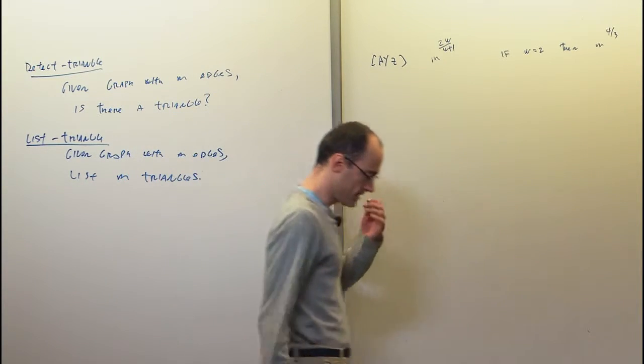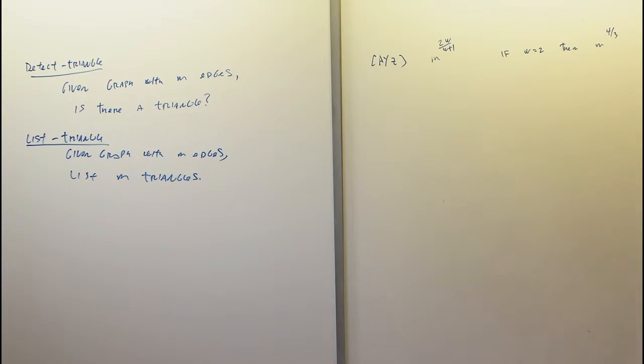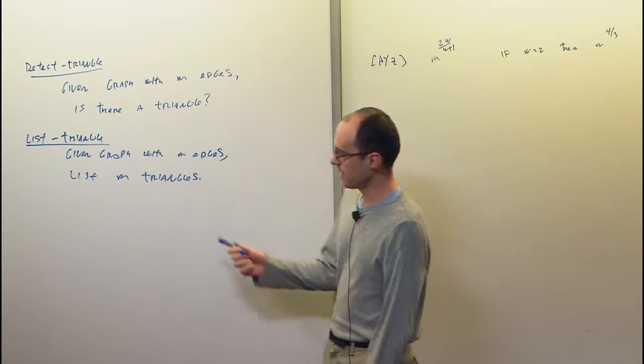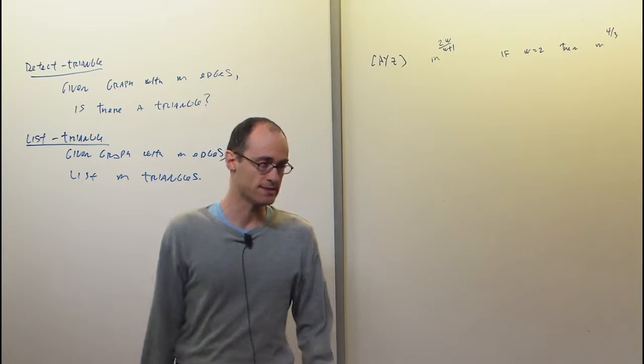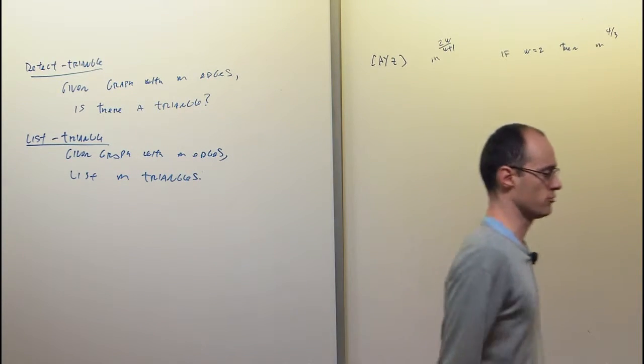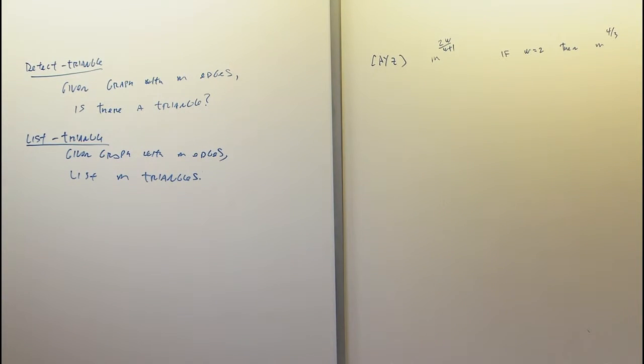So it may be that the graph has fewer than m triangles. In that case, you are just asked to list all of them. It is possible to parameterize this problem by how many triangles you want to list. However, for all the points that I'm going to make, having this number to be m is sufficient.